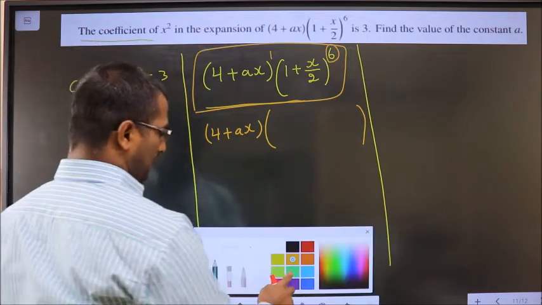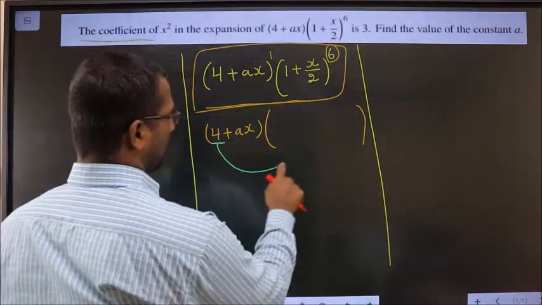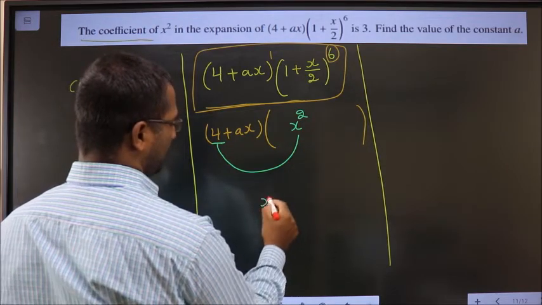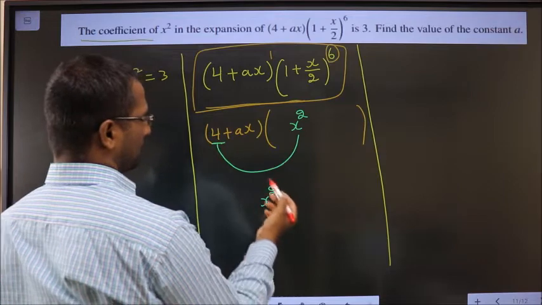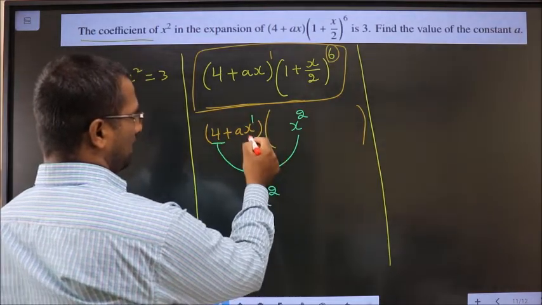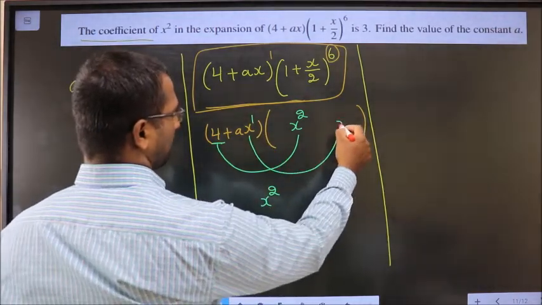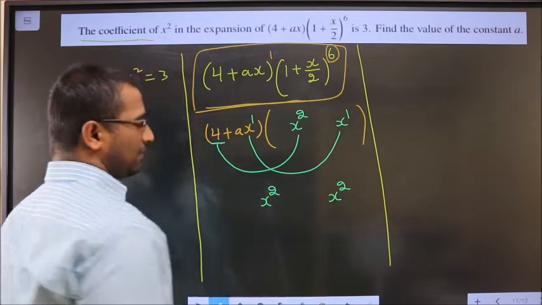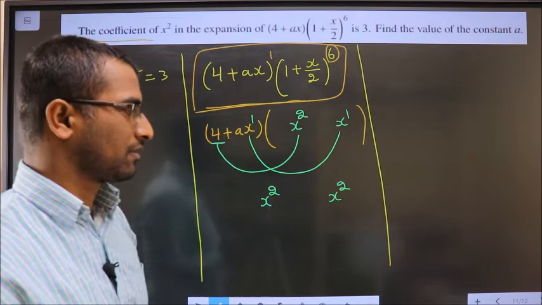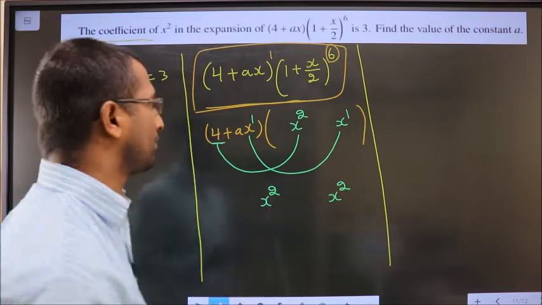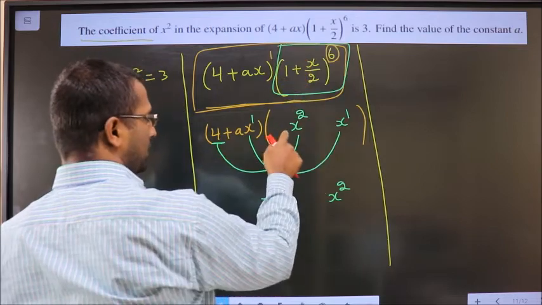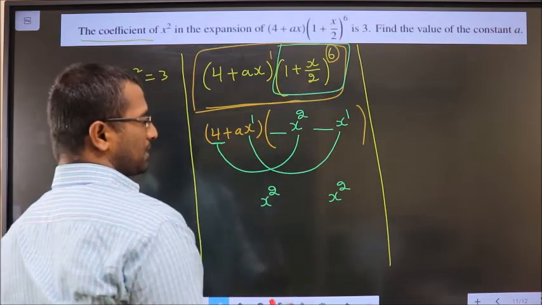Based on this one, 4 should be multiplied with x square. Only then it will result in x square. Here x power 1 should be multiplied with x power 1. Only then it will result in x square. Okay, now that means for this bracket I need to find the coefficient of x square and the coefficient of x power 1.